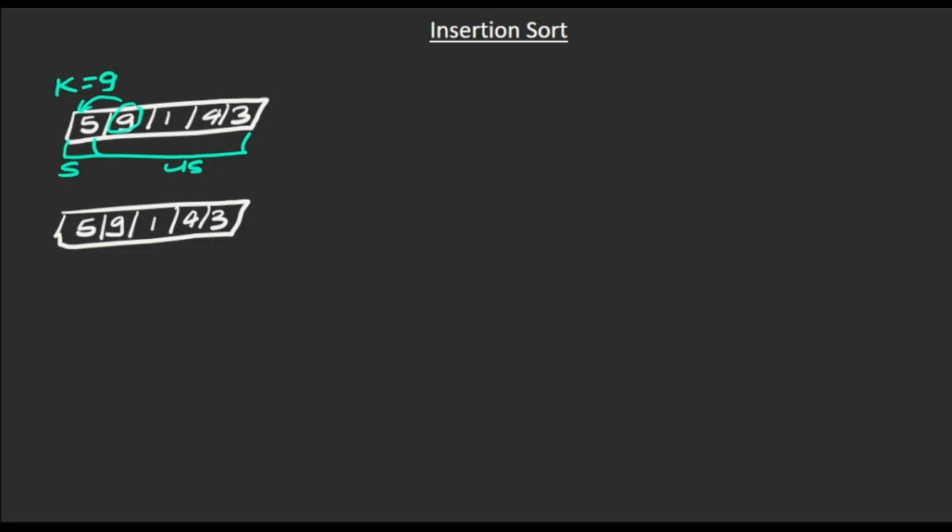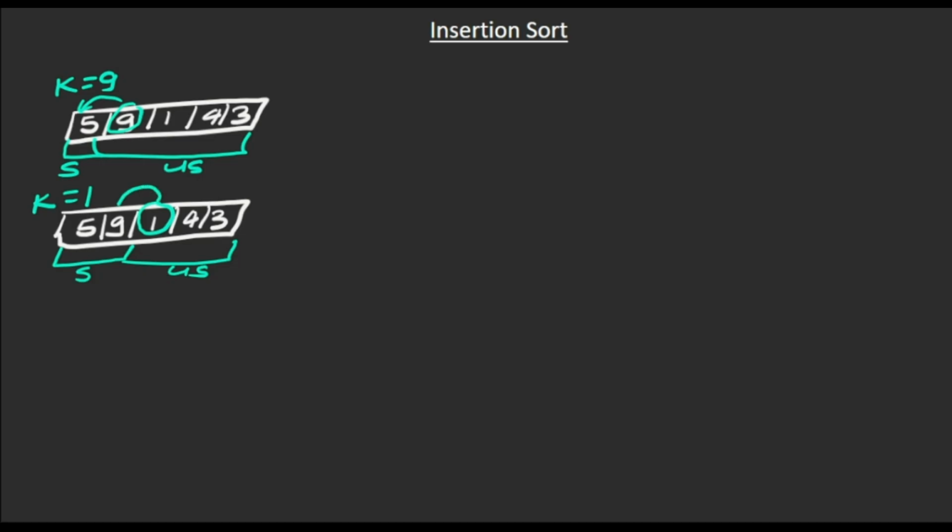And now this becomes the sorted part and this becomes the unsorted part. Okay, now the key element will be 1, this element.